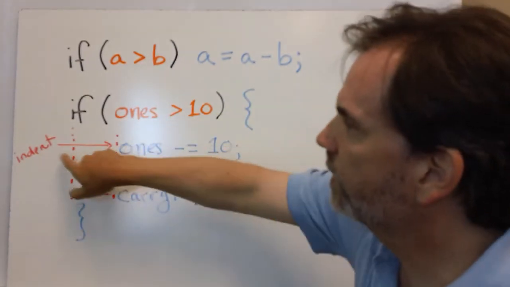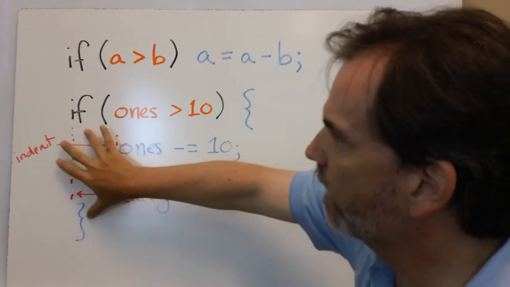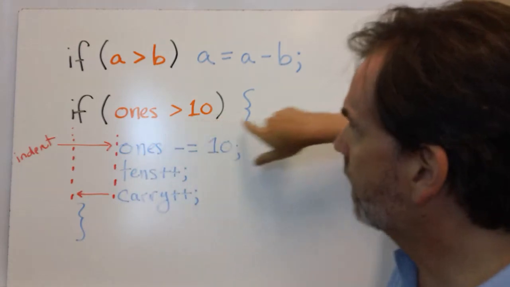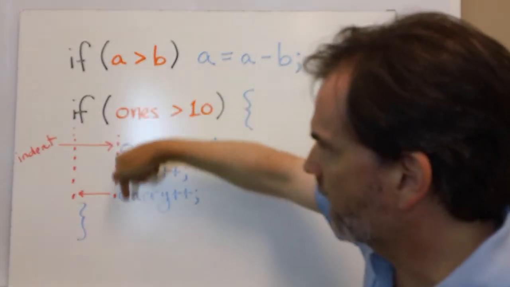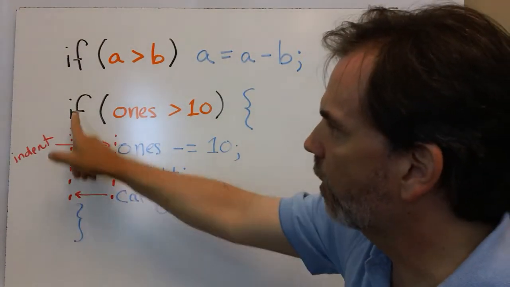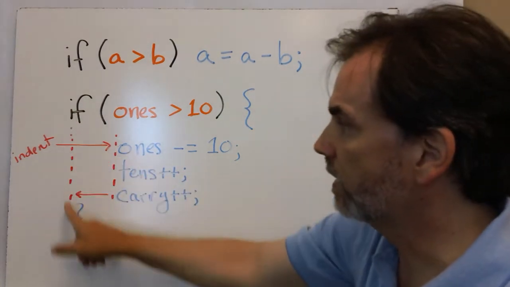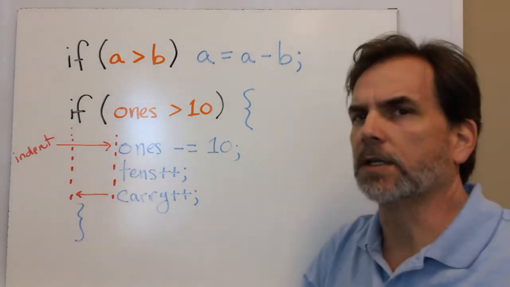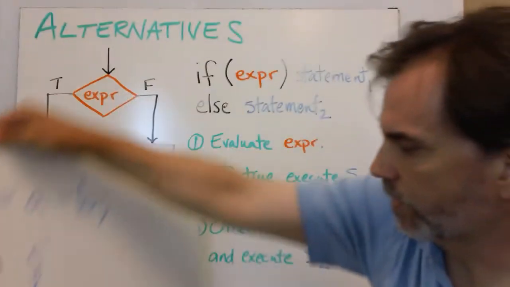It should be shifted over a little bit so that we can clearly see that these statements are meant to be conditional on this if. So we open up a curly brace here, we shift over, we start writing our statements over here, and then when we're done, we put the closing curly brace in line with the if to show that this closes this if statement. It's just a convention, it's not required, but we will be requiring it in this class. It's a programming style issue.